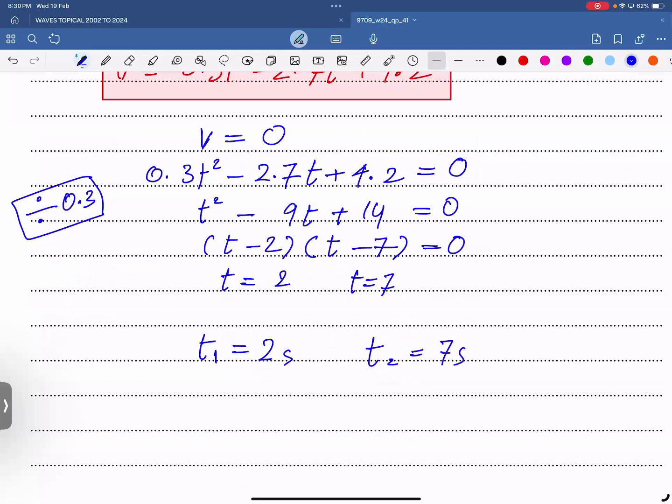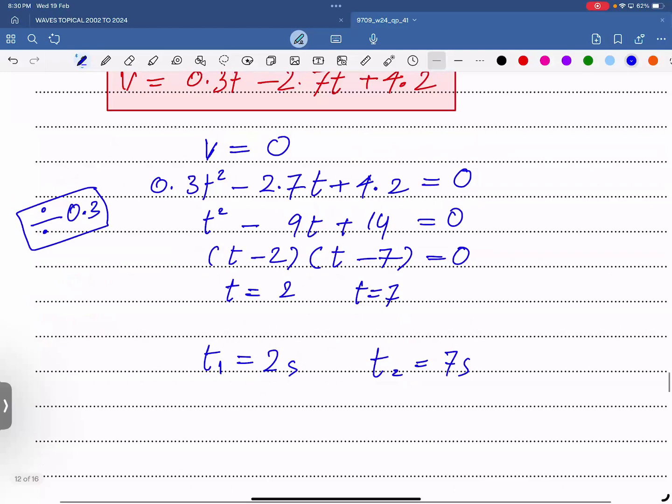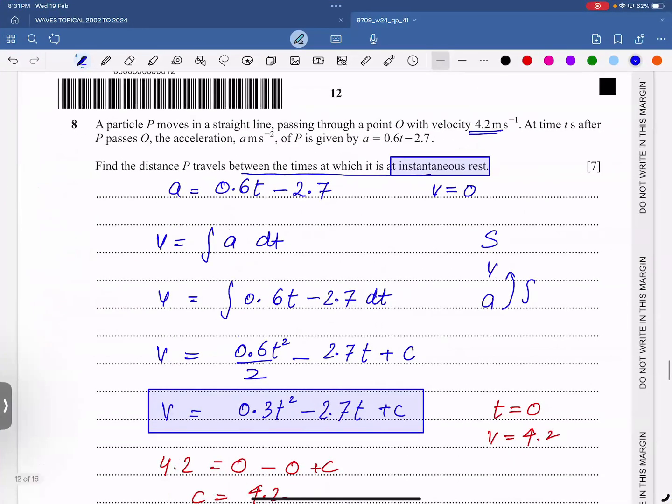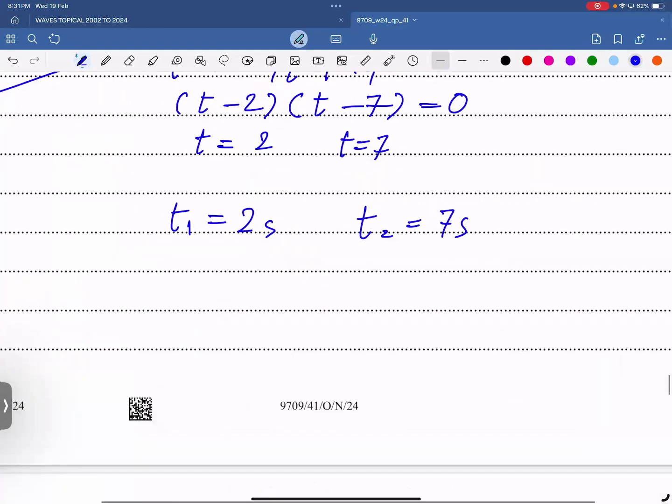Now the question becomes very easy. 0 to, no, we only need between these two times. You need the distance traveled between these times. So integrate is a definite integral, my dear students. Yeah, SVA, velocity to displacement. What you have to do, you integrate from 2 to 7, the velocity.